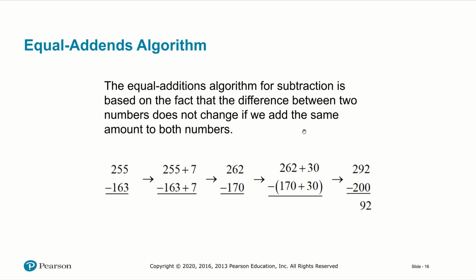And now we'll apply the same trick again, this time going from 170 to a really nice number, 200. So that would require us to add 30 to both of those numbers.